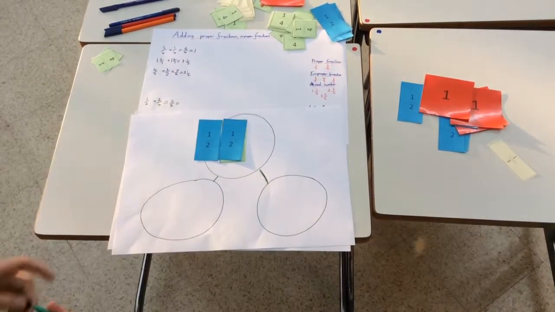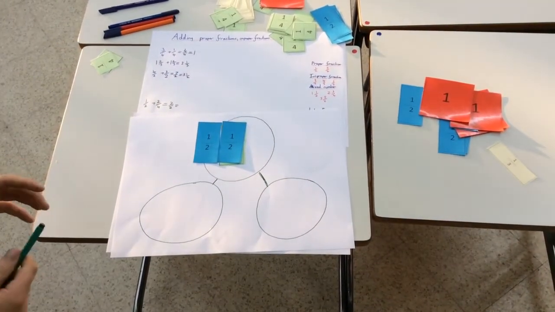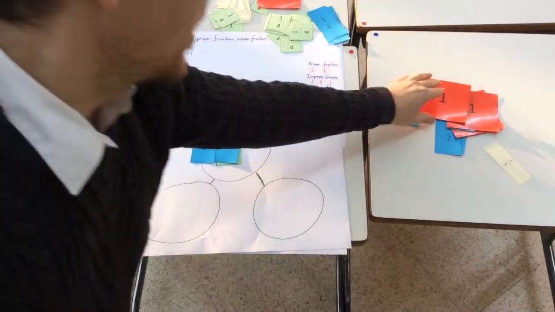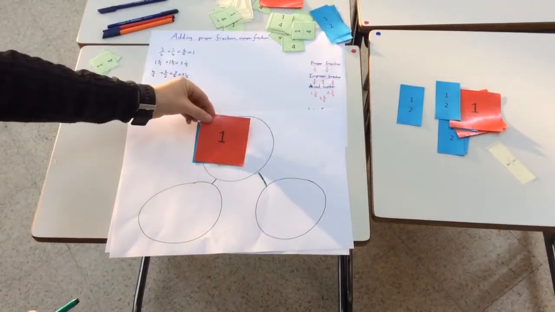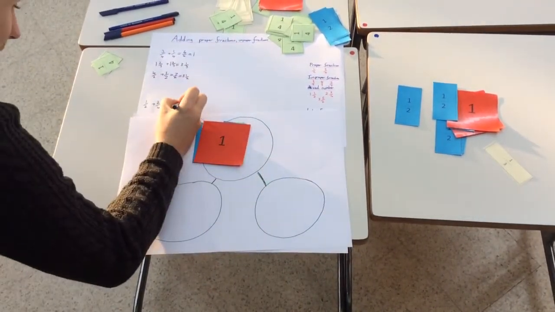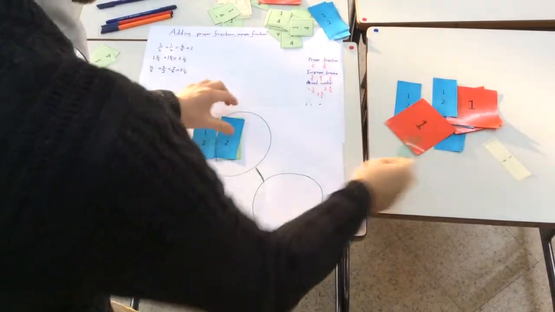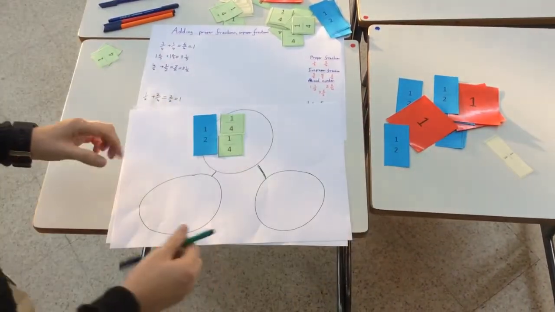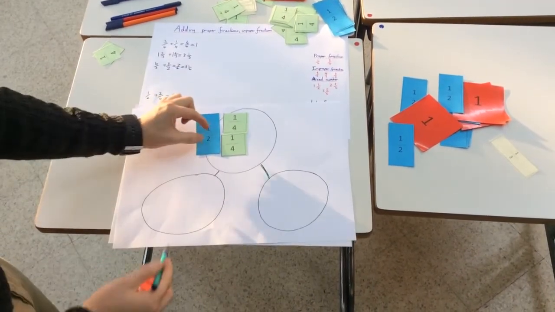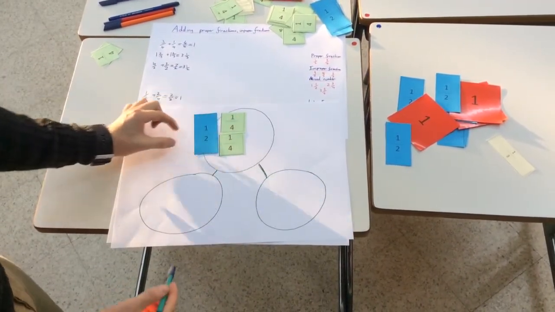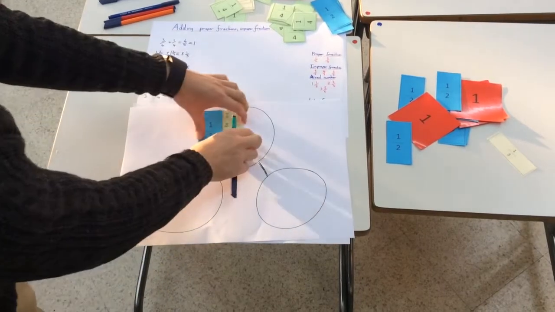Now someone that's been watching very carefully might also spot something else. The 2 halves then are also the same as 1 whole. So I could also say 1. What we've just done is added related fractions because it was very easy to add them together because halves and quarters are really easily related.